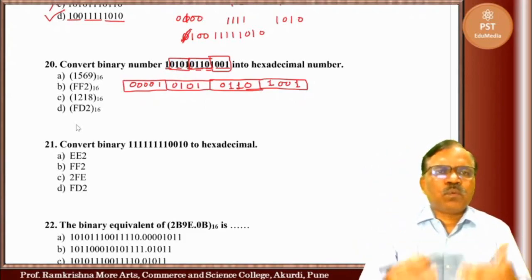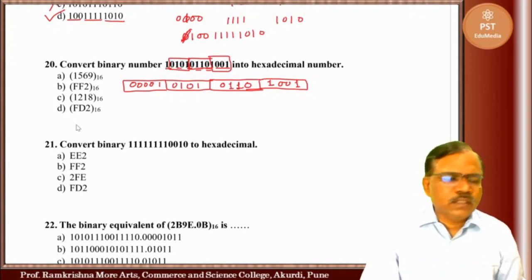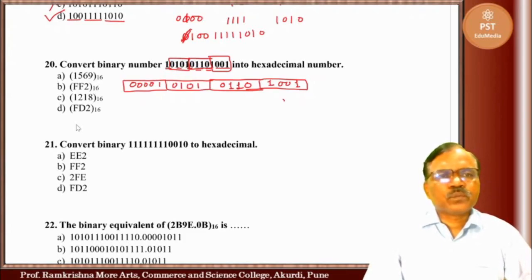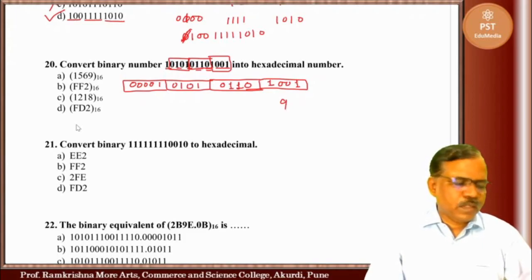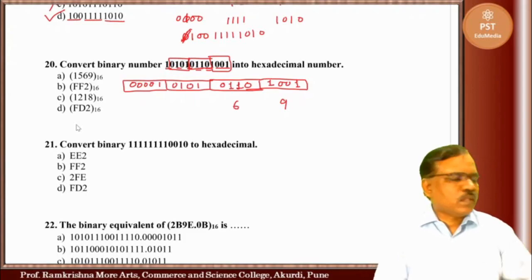So 4 bit. Now BCD, this is BCD. So 1001, this is number corresponding to what? This is number corresponding to 9. This is number corresponding to 6.